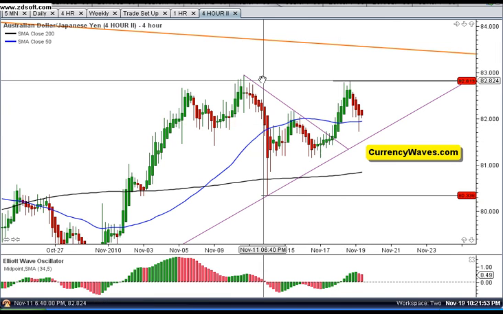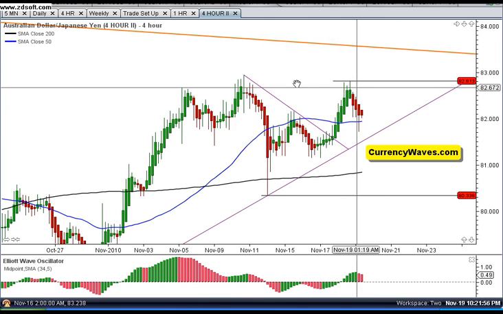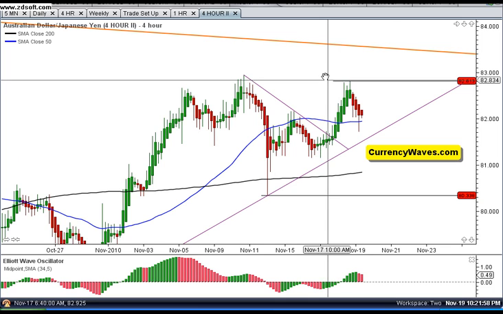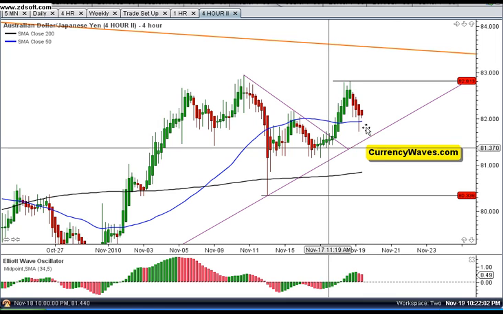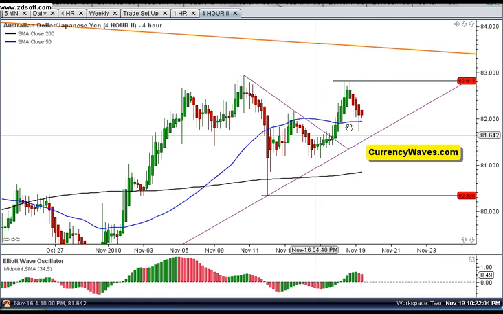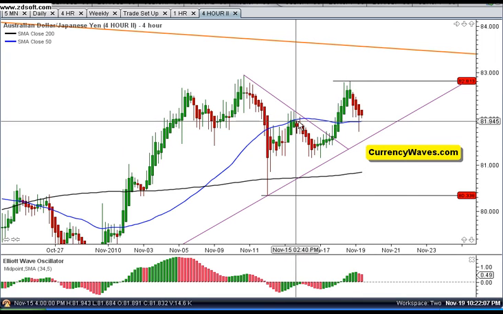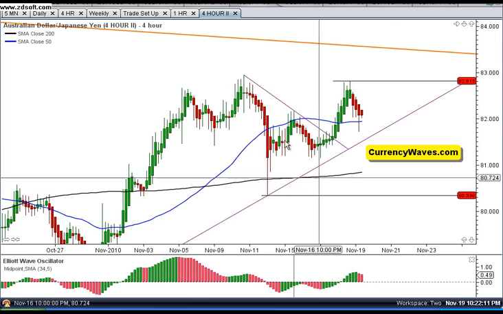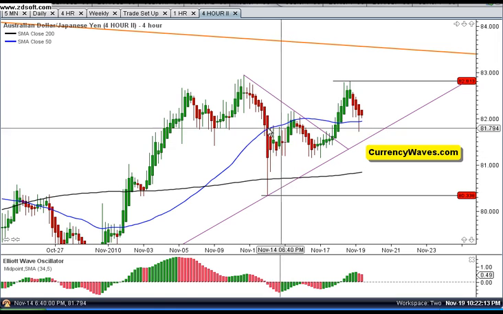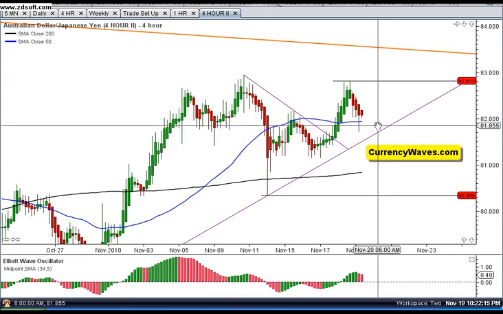The yen broke above a short-term trend line here, met resistance, didn't quite get there before the pullback. It looks like the 50 is going to hold as support. It was a little bit of resistance here, way back here, here. Didn't really come into play here.